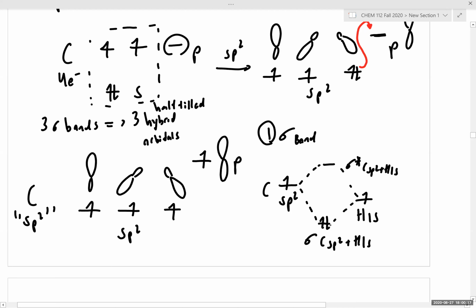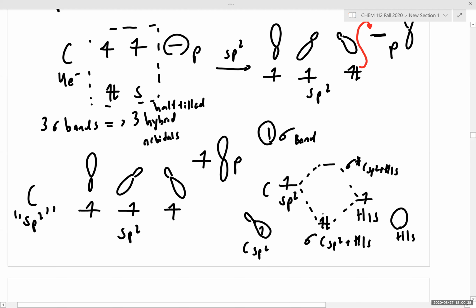Now to draw a picture of what this looks like, our carbon sp2 orbital looks something like this. Our hydrogen 1s orbital is spherical.